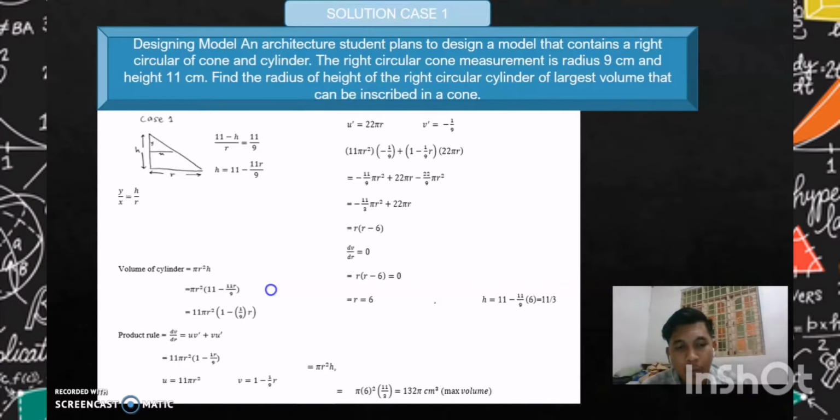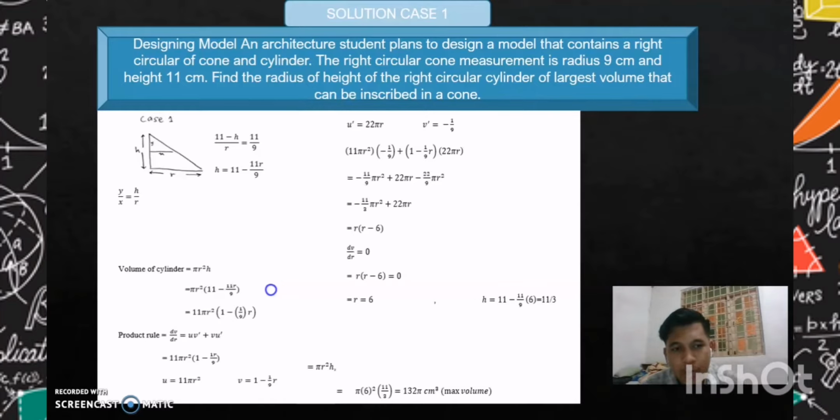Next, we use the formula of cylinder to find the volume. The formula for the volume of a cylinder is pi r squared h. So we got the equation of h, and we insert h into the formula.